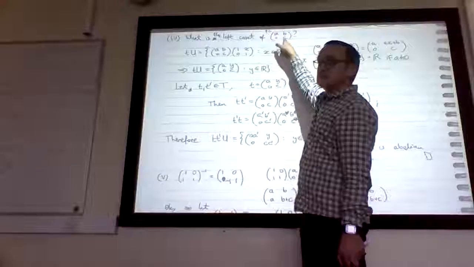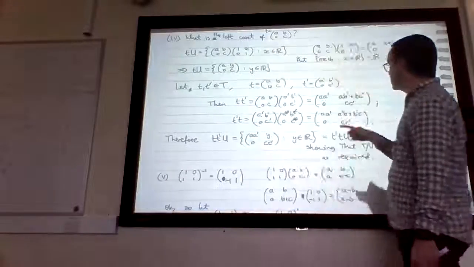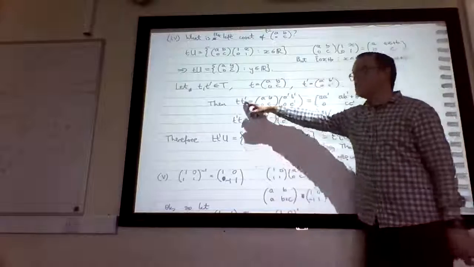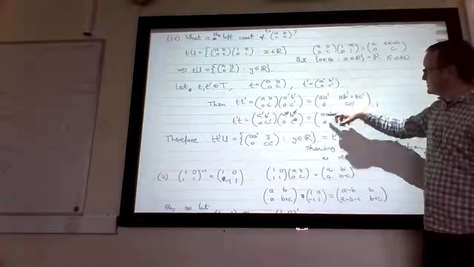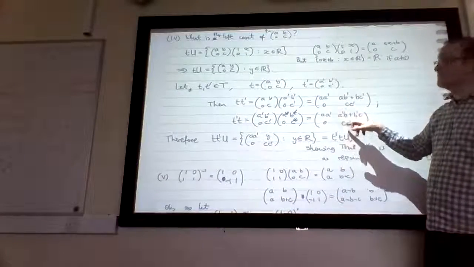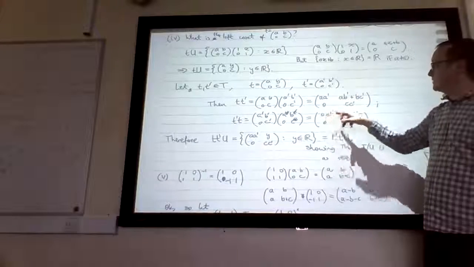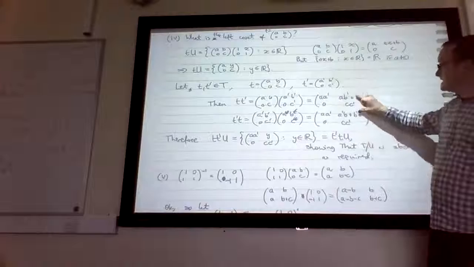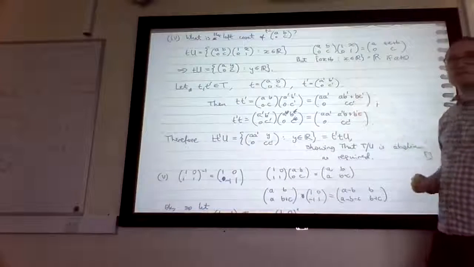The point is, these two products, which are different matrices, are the same in these three positions. AA prime, CC prime, 0. These are different elsewhere, but we don't mind.